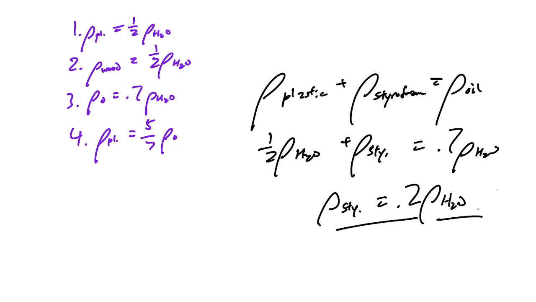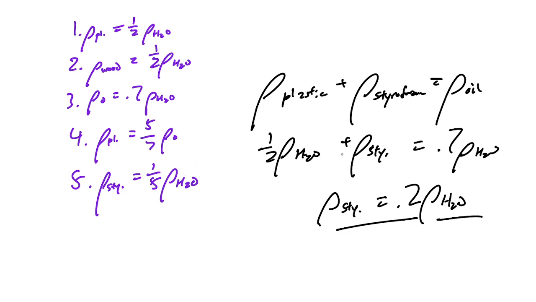So we can just go here. That means that for our fifth part, the density of styrofoam is going to be equal to 0.2, so 1 over 5 times the density of our water, right?